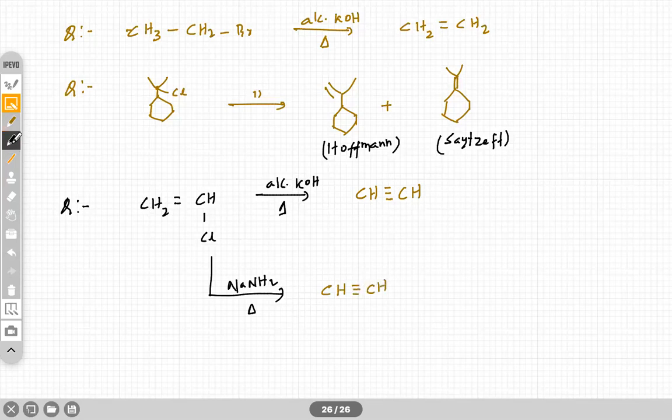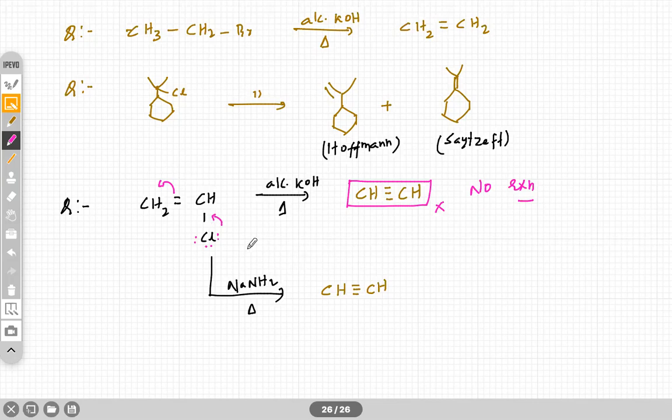Okay, but here this product is not possible. This is wrong. In fact, in this question, we do not have any reaction. Because you see, the lone pair on this chlorine is in conjugation with this pi bond, right? This carbon-chlorine bond has partial double bond character.